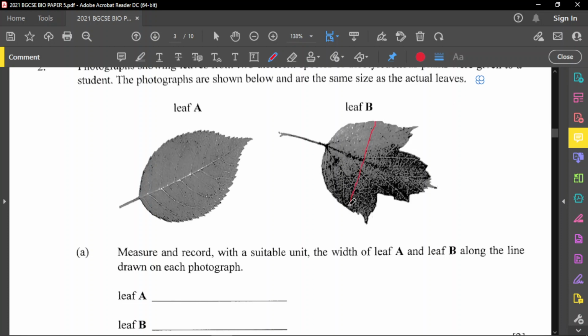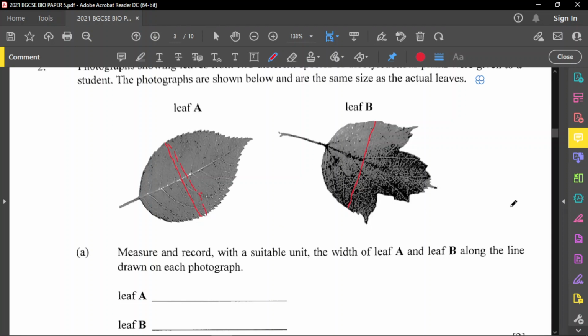I estimate that the line should be the widest portion of the leaf, and this one will be somewhere here. If you measure, this one could be a little bit up. Let me just put a broken line here. I think this one will be the best line. Yeah, that makes better sense.